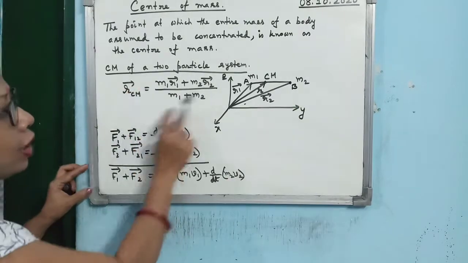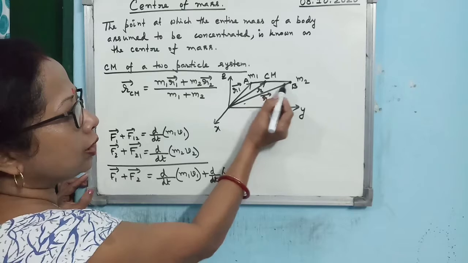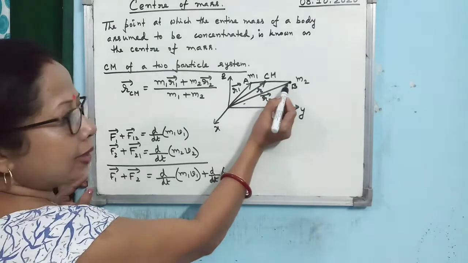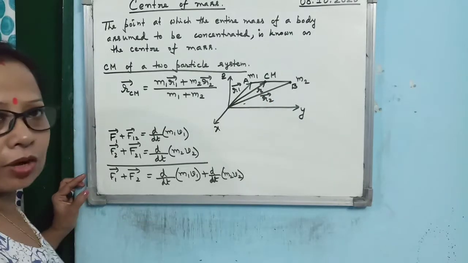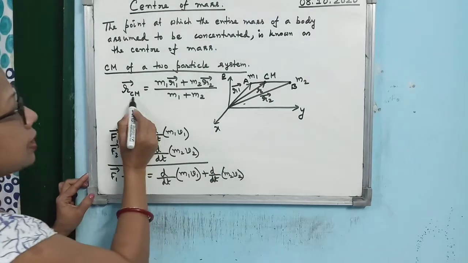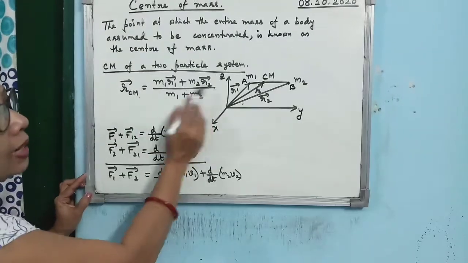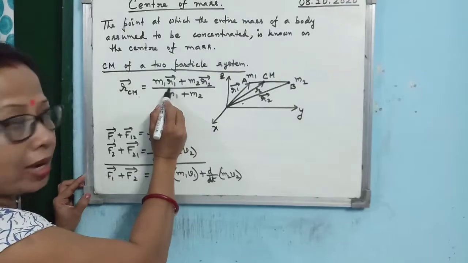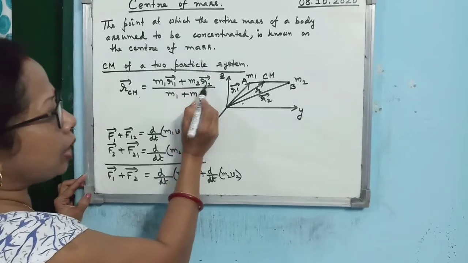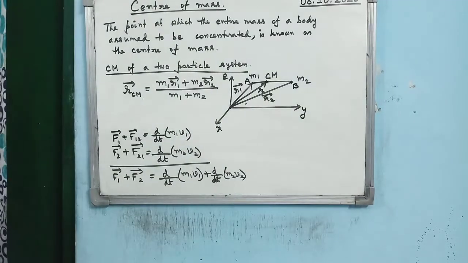Then the center of mass will be situated on the line joining the two particles, and if this is the position of the center of mass, whose position vector is given by RCM, then RCM is given by m1 r1 plus m2 r2 divided by the total mass.